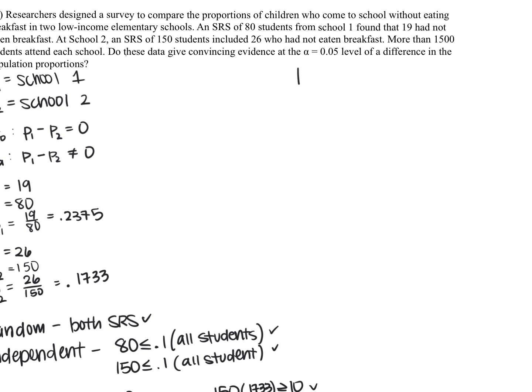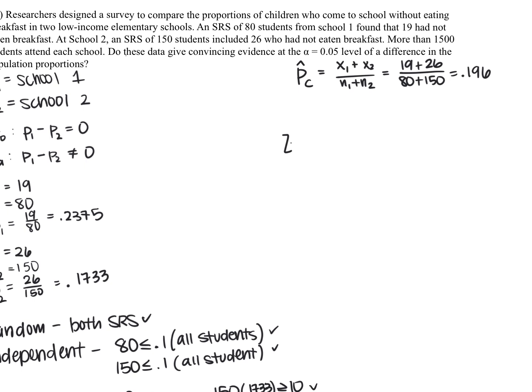So we're going to calculate something called a pooled proportion, which is going to be x1 plus x2 over n1 plus n2. So for our problem, that's going to be 19 plus 26 over 80 plus 150. And that's going to give us 0.196.